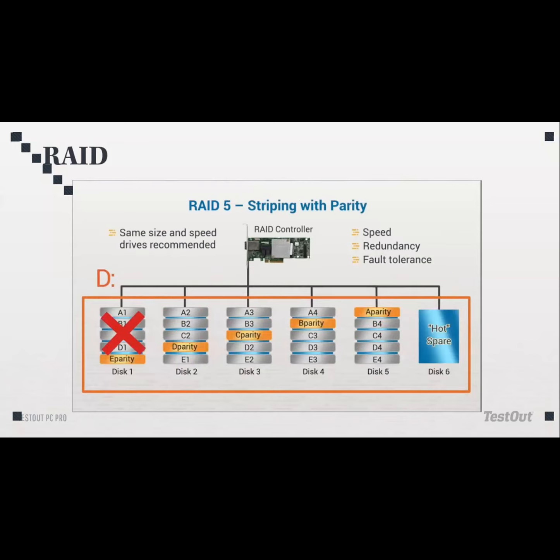That is one of the ways to implement it, such that if any one of them, let's say disk 3, gets bad, the parity information being stored in the others will be used to reconstruct disk 3's data on the hot spare. That is one of the ways you can implement RAID 5 stripping with parity.